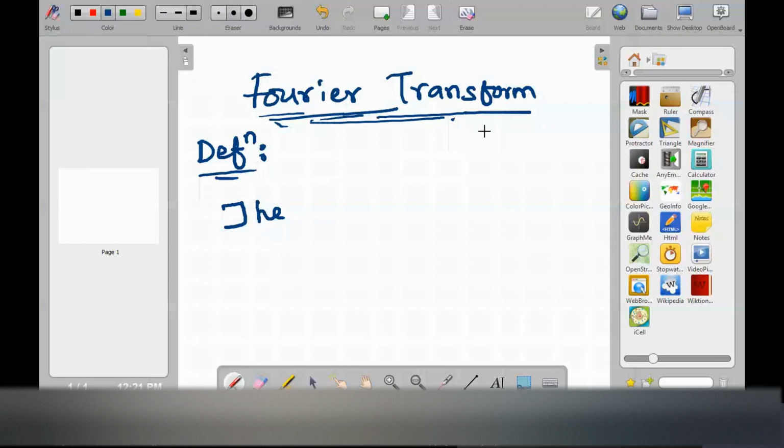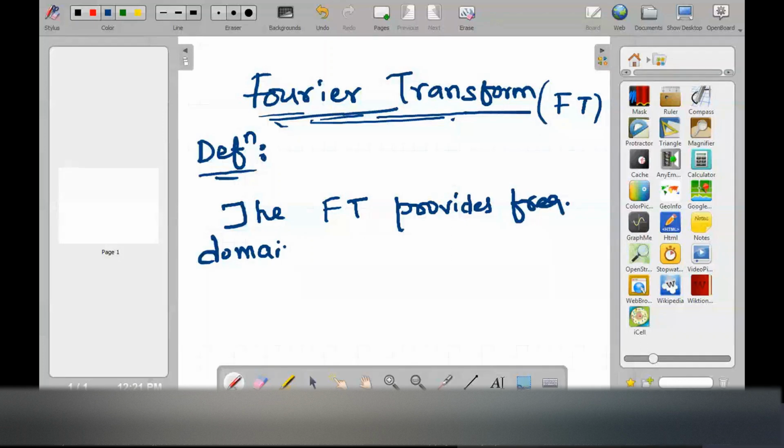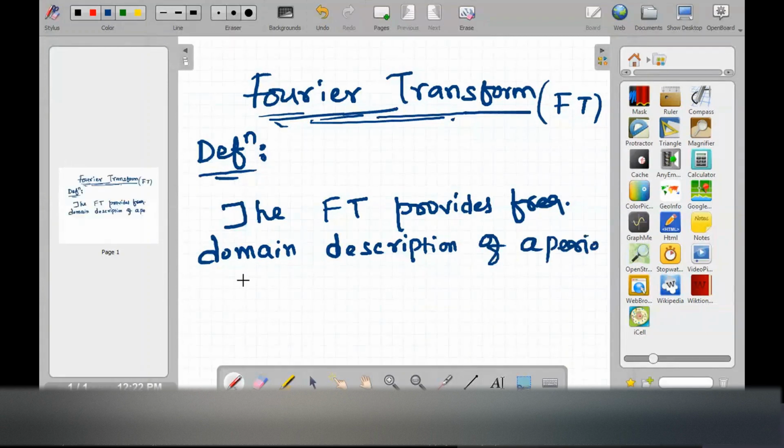The Fourier transform provides the frequency domain description of an aperiodic signal. Here it will give you the description.